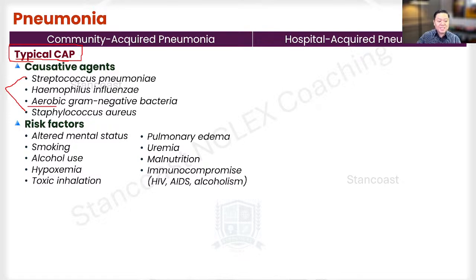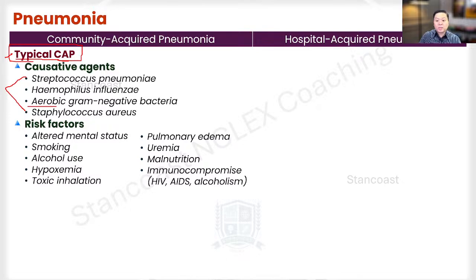So please pay attention, guys, that community-acquired pneumonia develops outside of a hospital, or it can happen within 72 hours after admission. And again, our first type here is the typical community-acquired pneumonia.